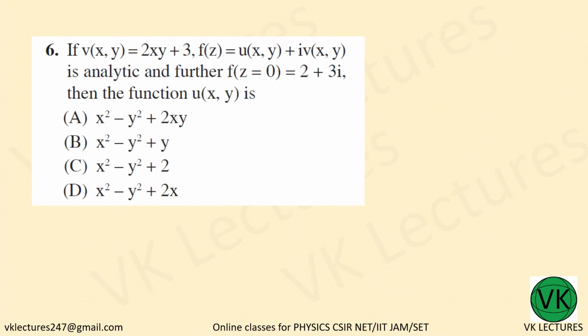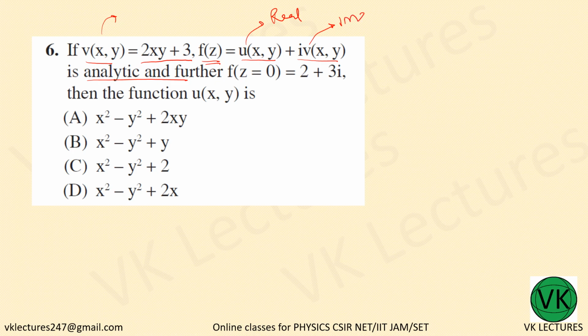So here the next question: v is given as 2xy plus 3 for an analytical function, and f of z is the analytic function. So f of z is u of x comma y plus i times v of x comma y, where u is the real part and v is the imaginary part.